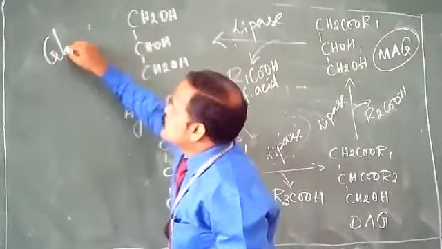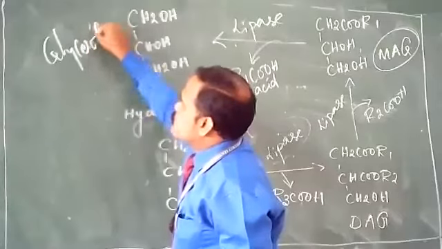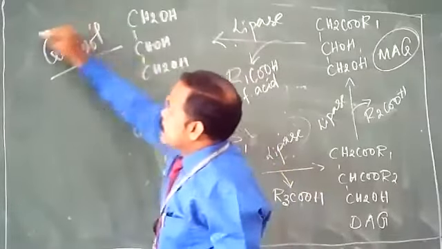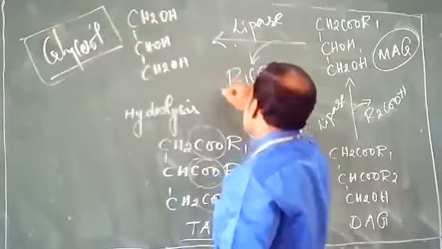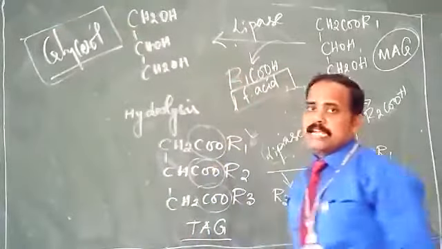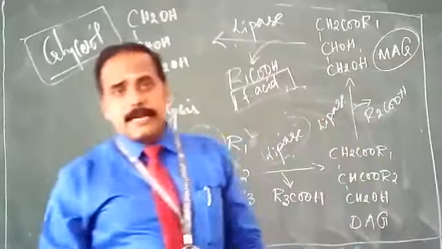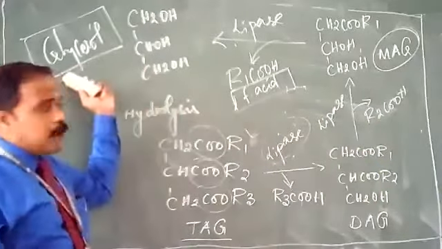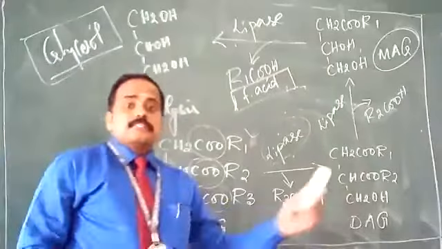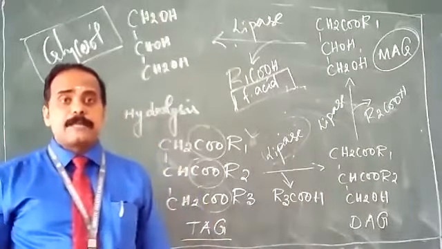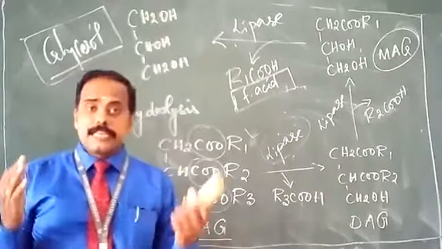Glycerol, right? So when fats or lipids are hydrolyzed, they form glycerol and fatty acid. The ultimate end products of lipid hydrolysis are fatty acid and glycerol, but it is not a single-step reaction, it is a multi-step reaction.